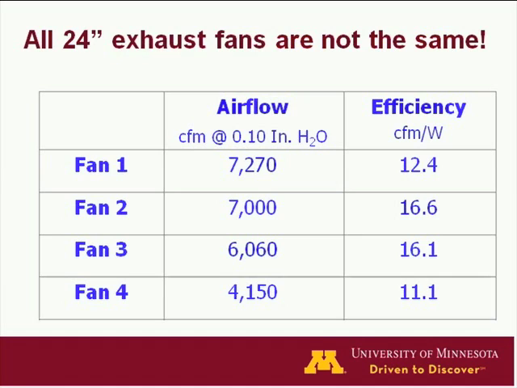I just pulled out 4 different fans from the BEST Lab, and you can see there's quite a bit of difference between these 4 fans, certainly in airflow rate, and this is airflow rate at the same static pressure, or this 0.1 inch of water gauge. Everything from fan 1 high of 7,000 down to 4,000 for fan 4. And you can see the efficiency on the right varies a lot as well.